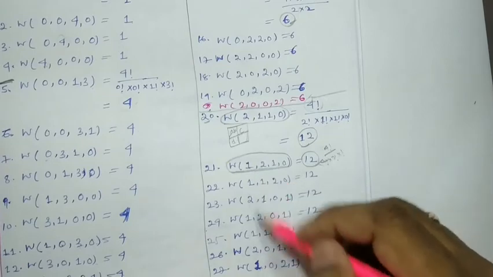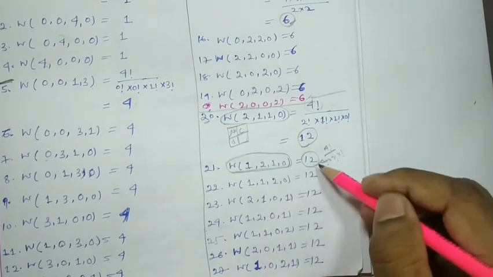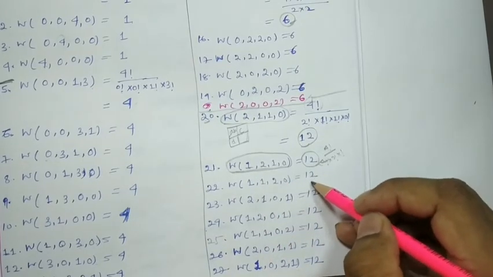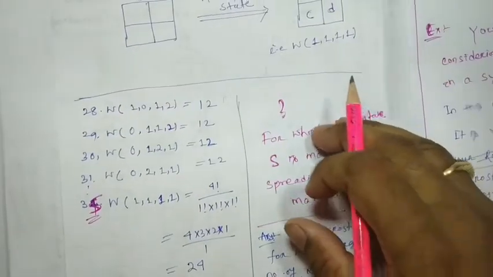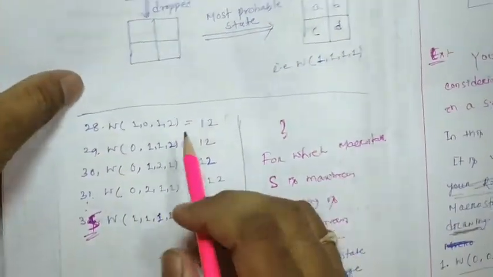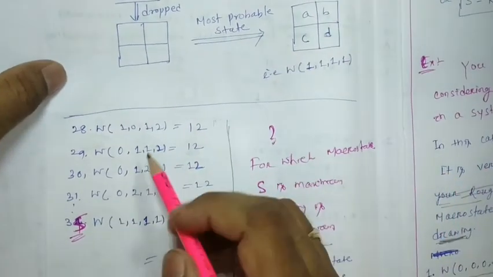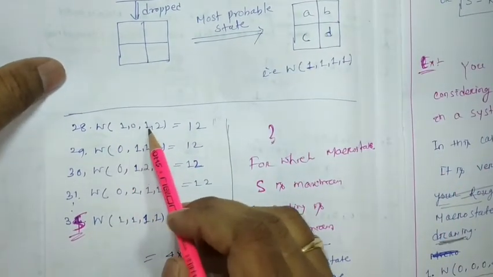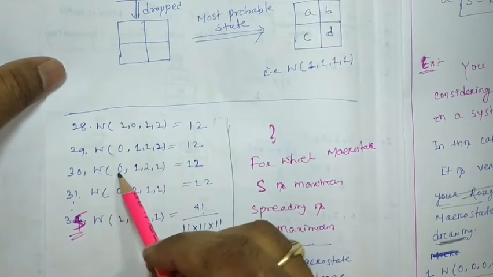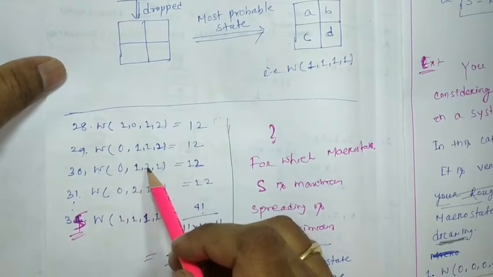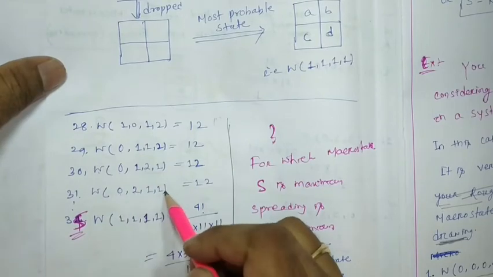All these macrostates have corresponding microstates 12, 12, 12, and another 4 collections will be there: W(1,0,1,2), W(0,1,1,2), W(0,1,2,1), W(0,2,1,1).